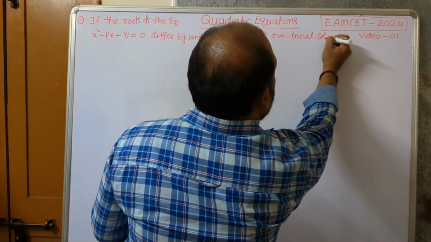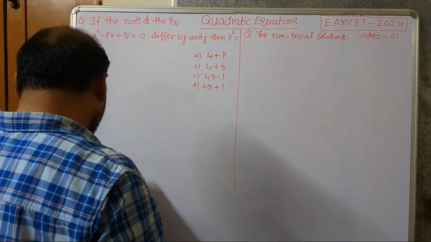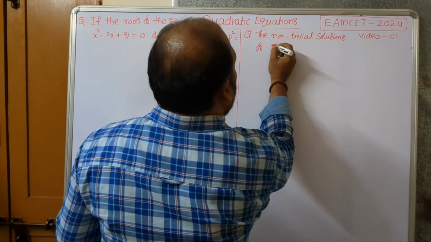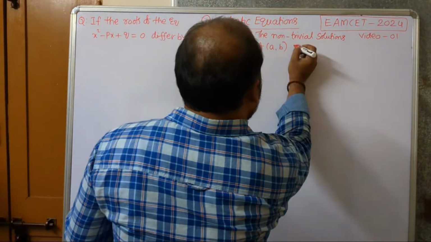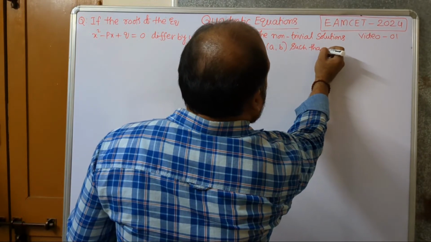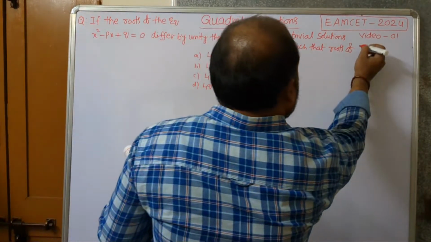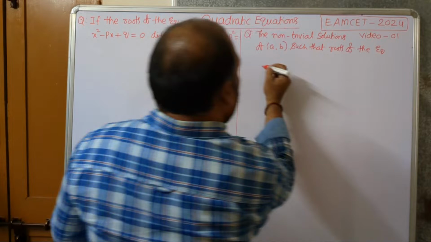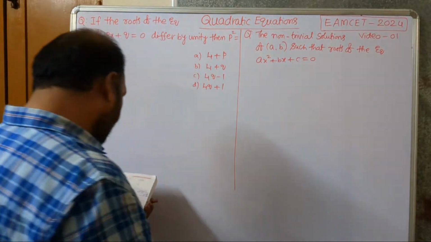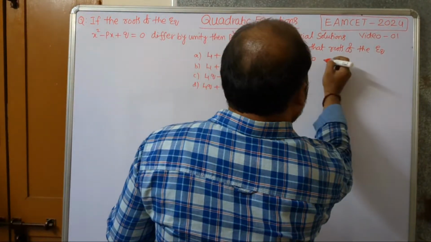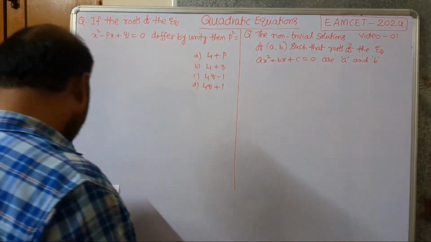The non-trivial solutions or values of a comma b, such that the roots of the equation ax square plus bx plus c equal to 0 are a and b. They are saying that a and b are the roots.